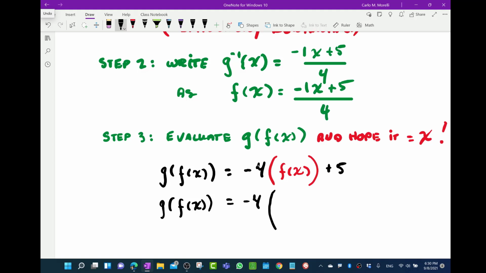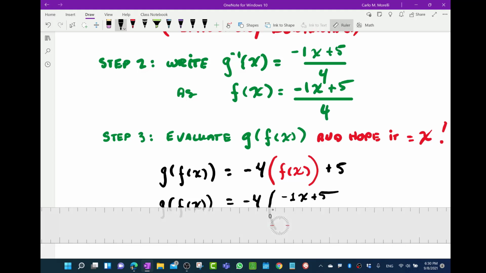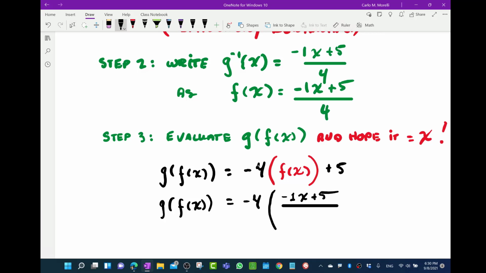And let's write that whole fraction in there. Negative 1x plus 5. Use a straight edge, please. I want straight lines. No freehanding this fraction bar over 4. Do you already see why I wanted you to leave it like this? So now we close the parentheses off, and then we don't forget about this plus 5.